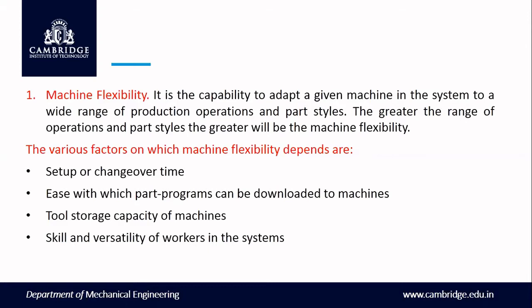Per day he can produce maybe around 200 parts, but if the machine flexibility is there, per day with better quality you can do some 400 to 500 parts. That is the major thing, because the setup time will be there. You have to reduce the time as far as possible so that you will get better production. That is the major thing, and that's why we call it machine flexibility.